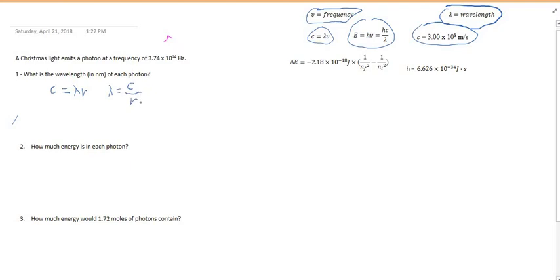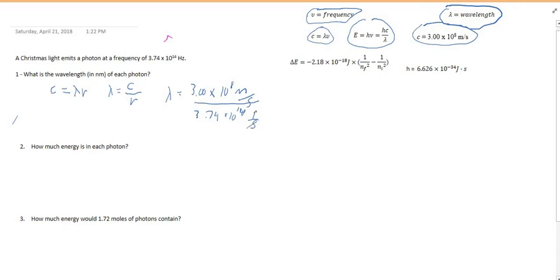We know C, so now it's just a matter of plugging stuff in: lambda equals C, which is 3.00 times 10 to the 8th meters per second, divided by the frequency, which is 3.74 times 10 to the 14th hertz, which is 1 over seconds.